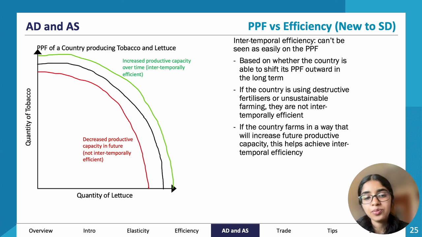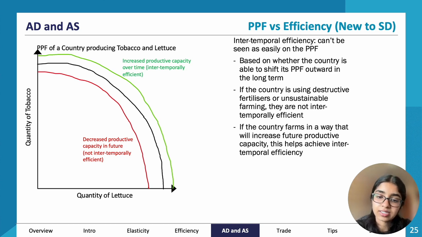So over time, we need to be able to increase our productive capacity. We need to be more productive over time and be able to produce more over time so that we can keep up with increasing demand, increasing population, and I guess the increasing need for greater production.